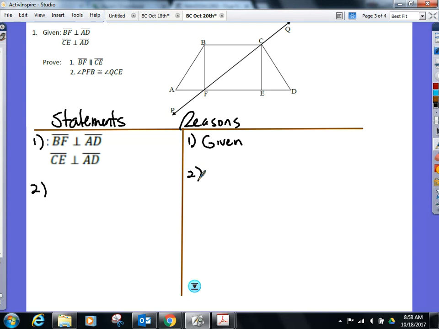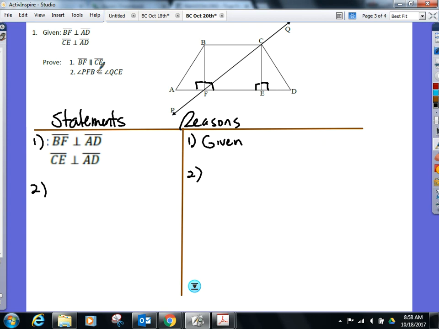Okay. So we have a pair of perpendicular lines, BF and AD are perpendicular. You can put the right angle symbol in there if you need to. CE and AD are perpendicular. So I have right angles here and here. This is a 2-part proof. First thing I'm asked, prove BF is parallel to CE.